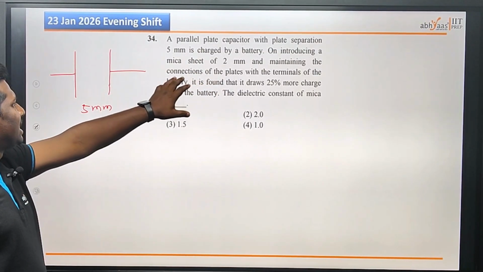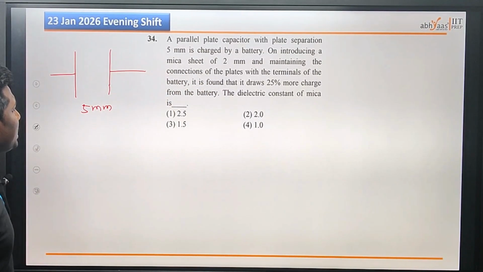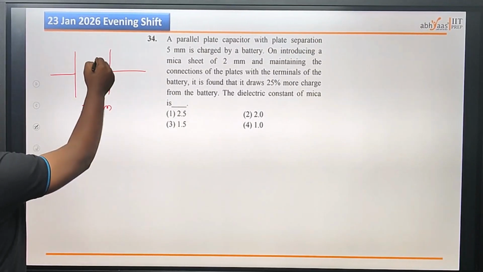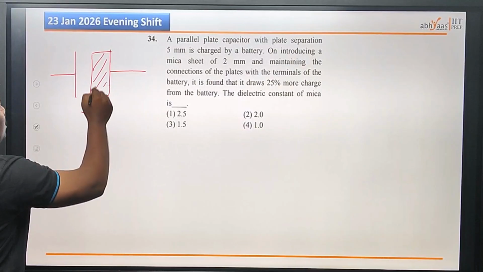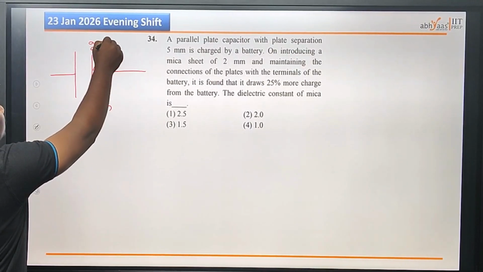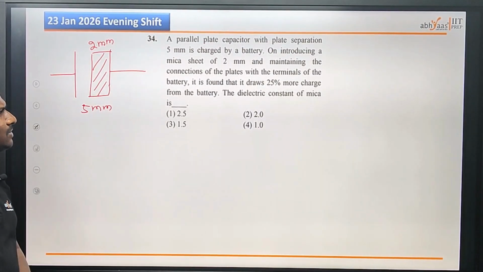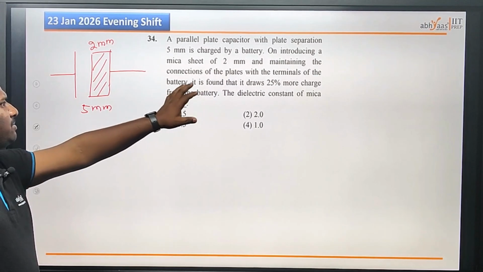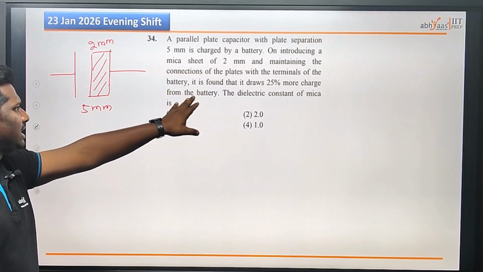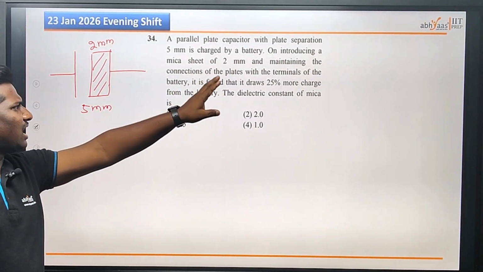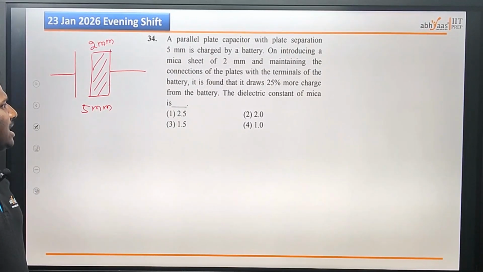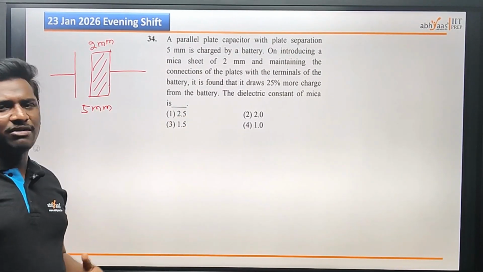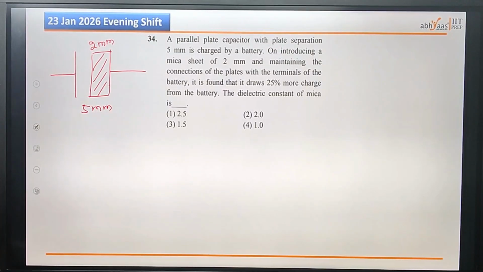On introducing a mica sheet of 2 millimeter thickness, maintaining the connection of the plates with the battery terminals, it is found that it draws 25% more charge from the battery. You have to find the dielectric constant of the mica.